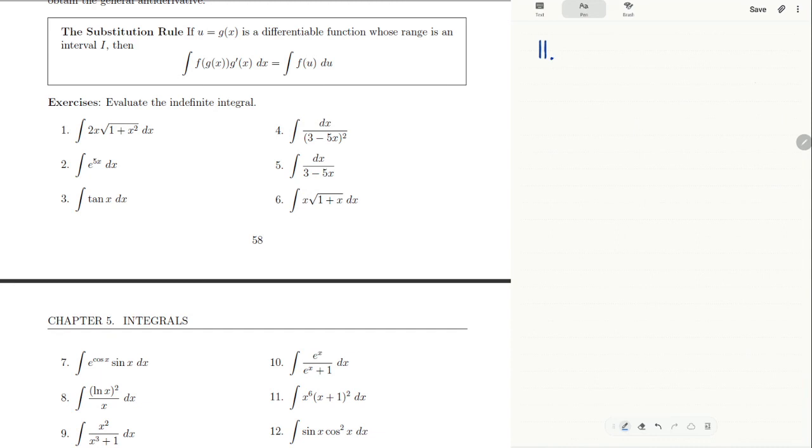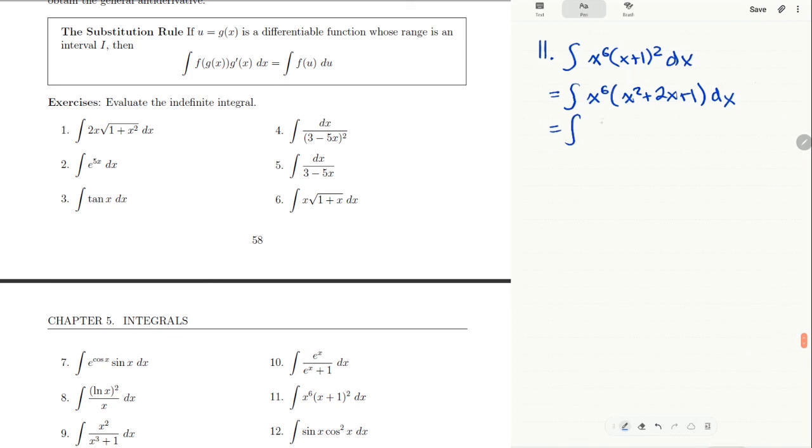Now let's have a look at number 11. We have the integral of x to the 6 times x plus 1 squared dx. For this example, we actually don't need to use a substitution. If you expand the x plus 1 squared term, we get x squared plus 2x plus 1 dx.